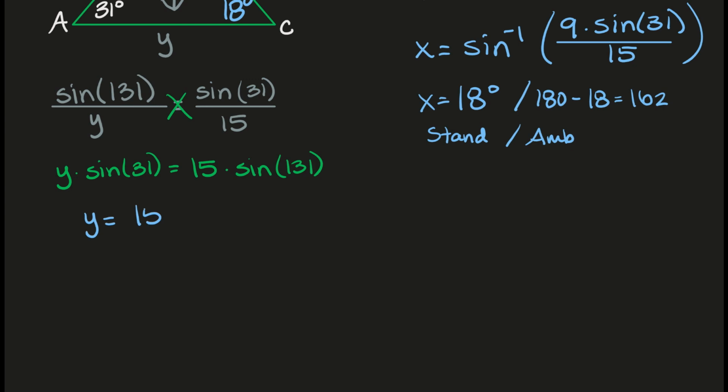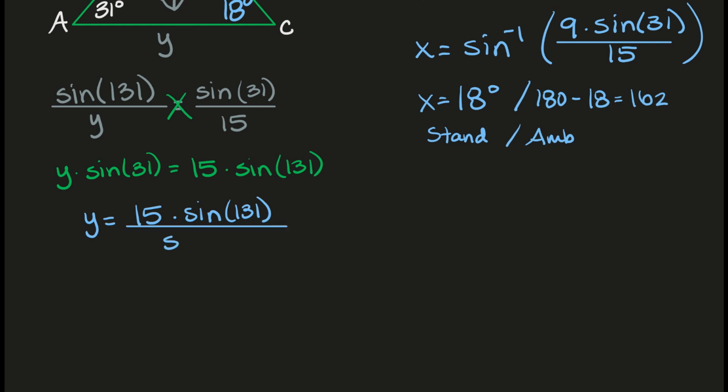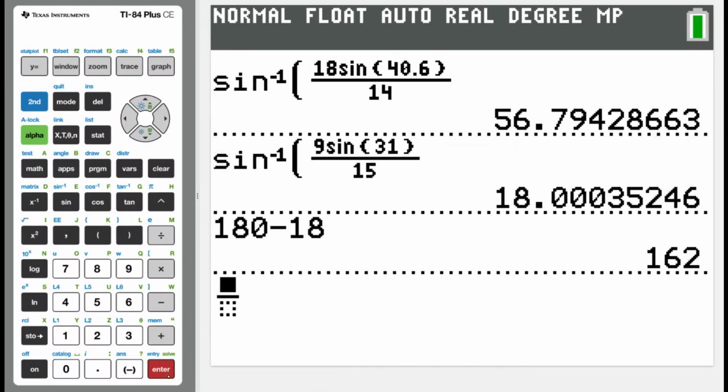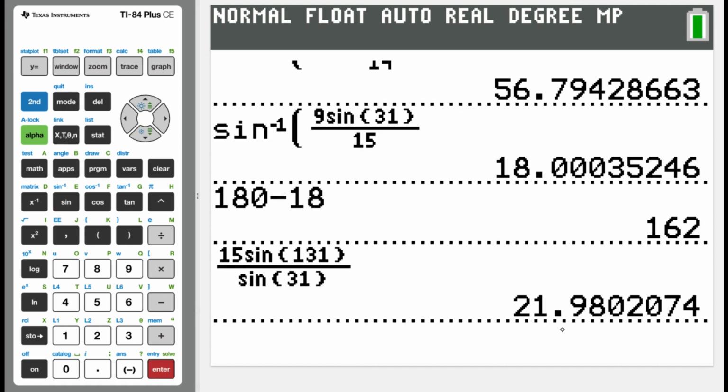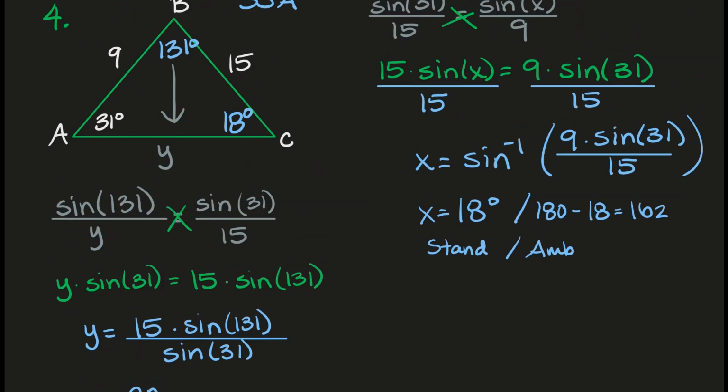And y is going to be 15 times sine 131 divided by sine of 31. Okay, let's go to the calculator and get this typed in. And we're getting 21.98. Since we're doing the tenth on most of these, this is perfectly fine to go ahead and say 22. So here, side length AC, we're going to say is approximately 22.